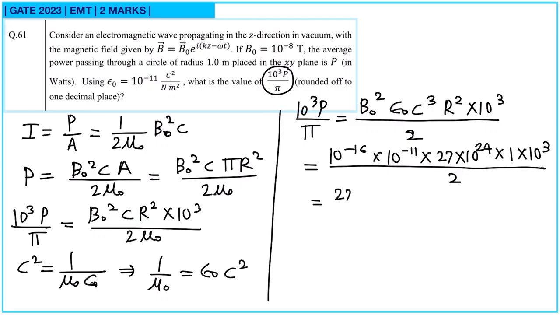So this will be equal to 27 by 2. Now 24 plus 3 is 27 and 16 plus 11 is also 27, so that will cancel out. So this is equal to 13.5. So the answer is 13.5 and the answer given in the answer key is 11 to 13.7.